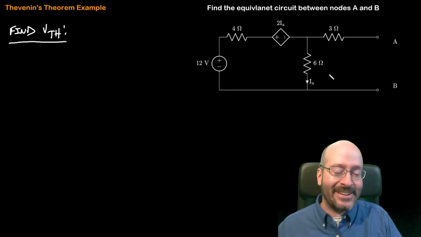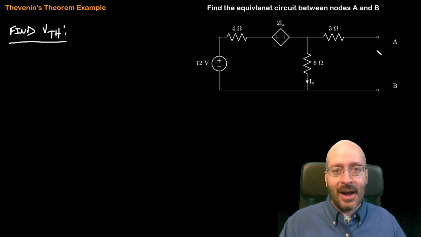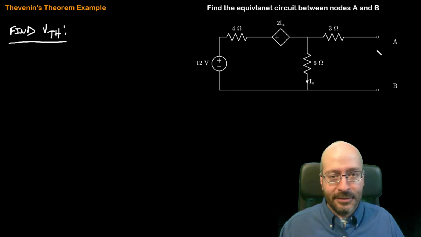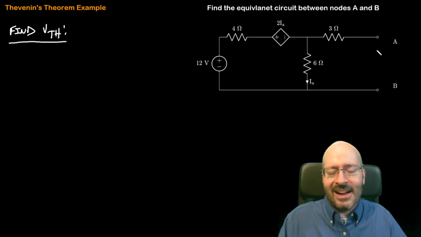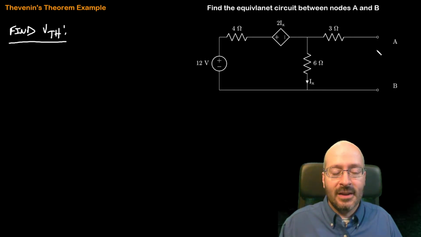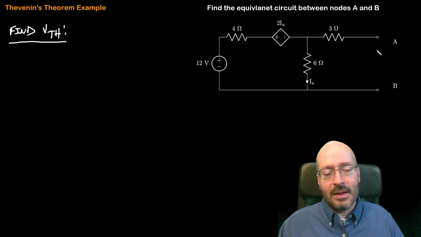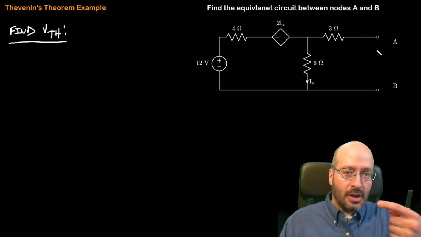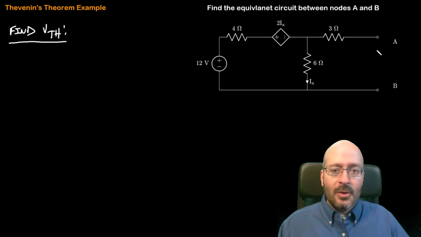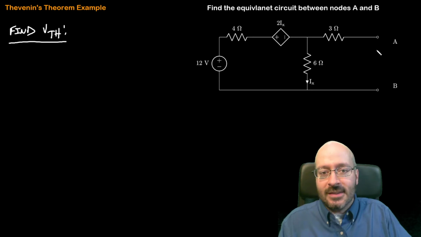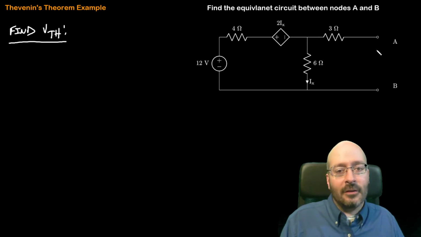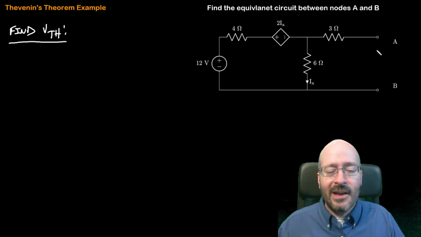Okay, so realistically, you're going to have some context. These are textbook problems. If you're doing this type of work, you're going to understand the context in which you're doing this analysis. You're going to understand that you have maybe a generator and you're plugging something into that generator. Well, the thing that you're plugging into it, that's the load, and the generator itself is going to be the fixed portion of the circuit.